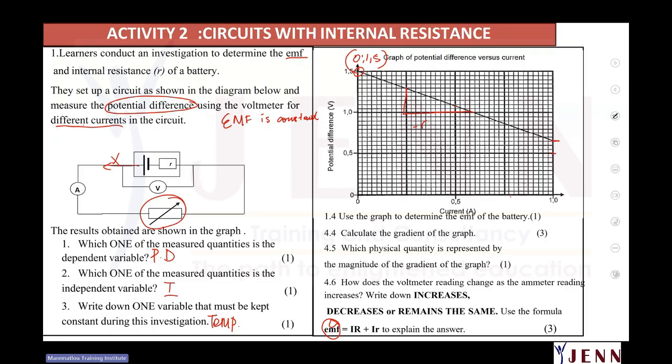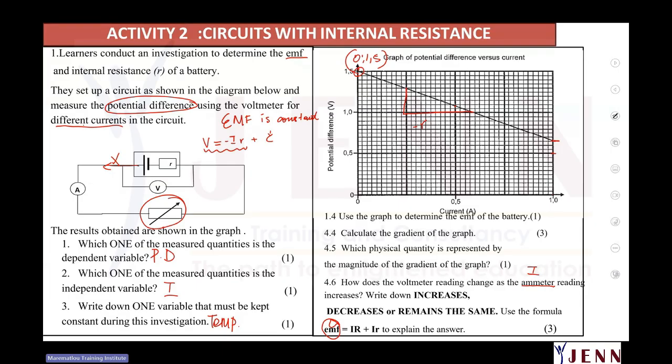EMF remains constant. Now, from our formula, potential difference is equal to negative IR plus C, which is the constant that we are talking about. This one is constant, so we are only observing these two. The question is saying, if we increase the ammeter reading, we are talking about current.